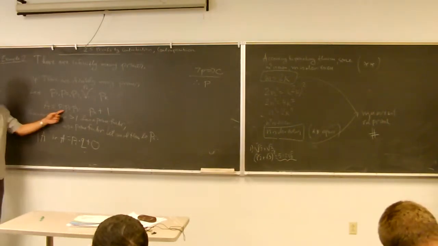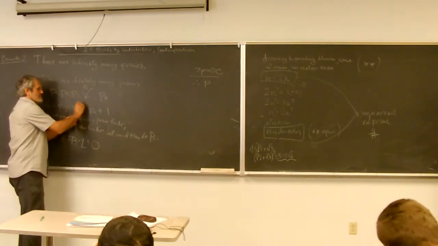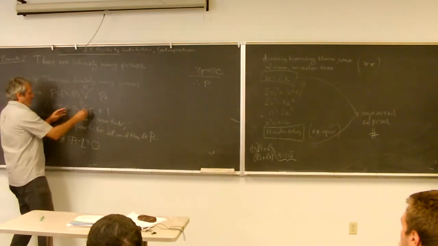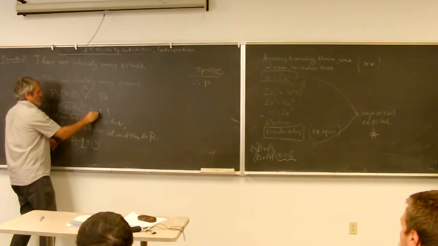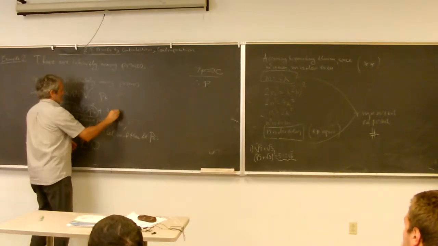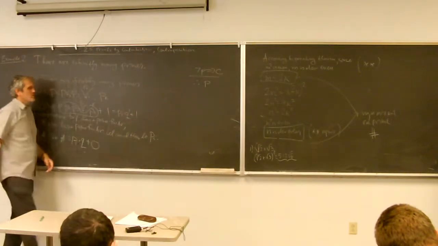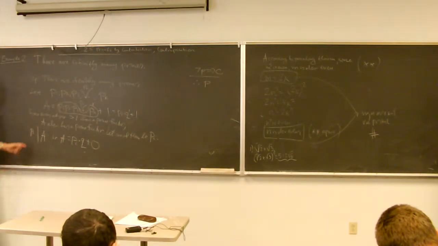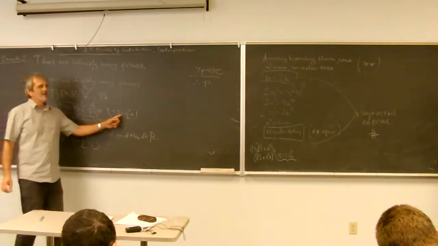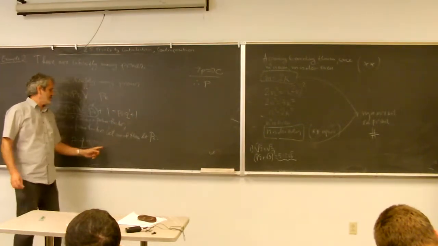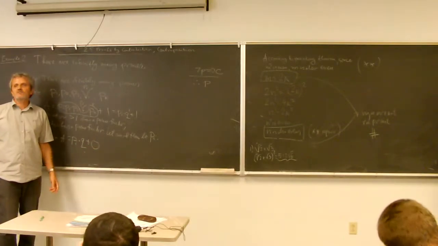But let me look here. Is Pi somewhere here, yes or no? So this looks like, let me call all the others Q prime, so it looks like Pi times Q prime plus 1. So what's your remainder modulo Pi? What's your remainder here? How many remainders do you have?